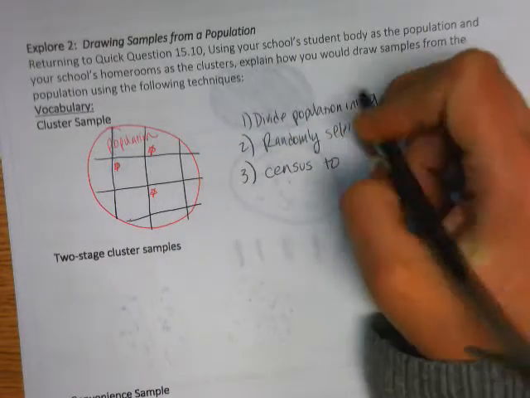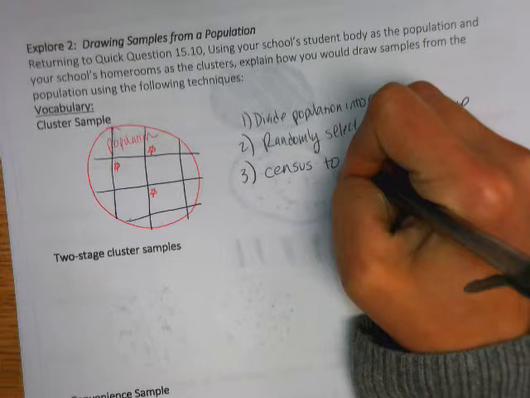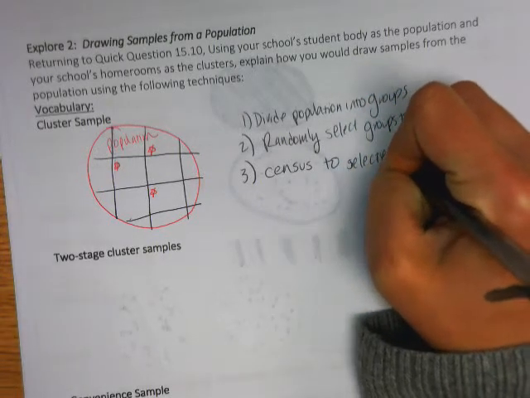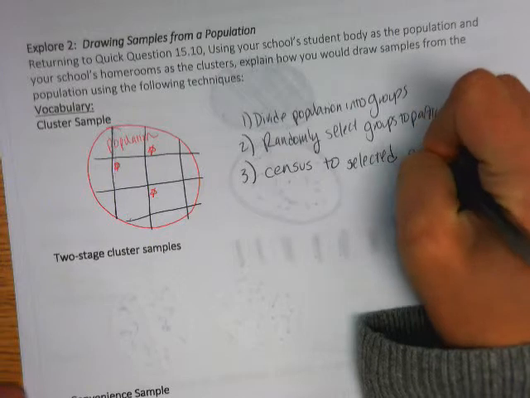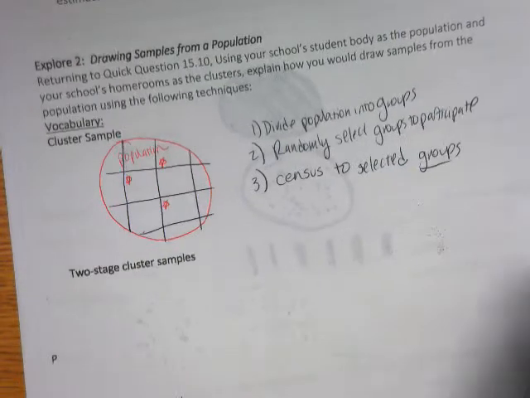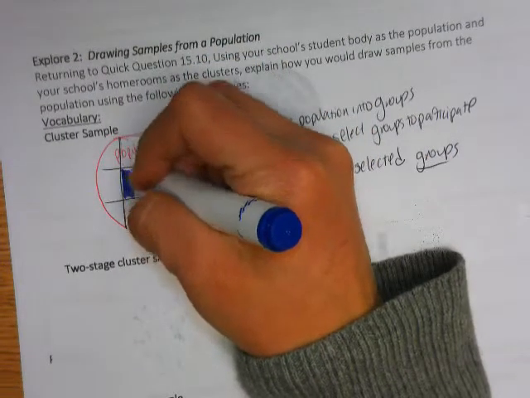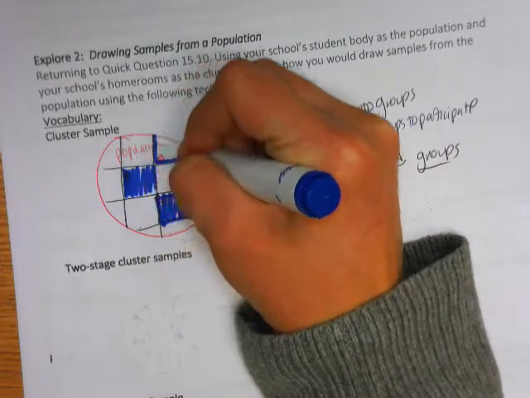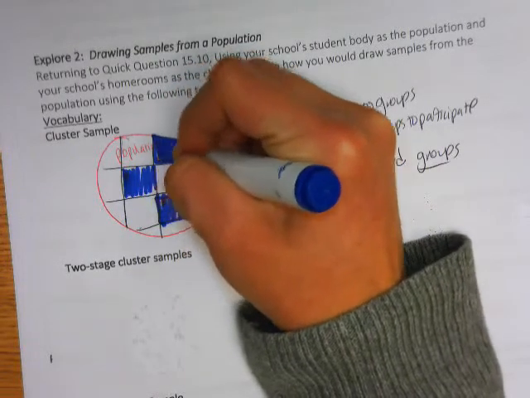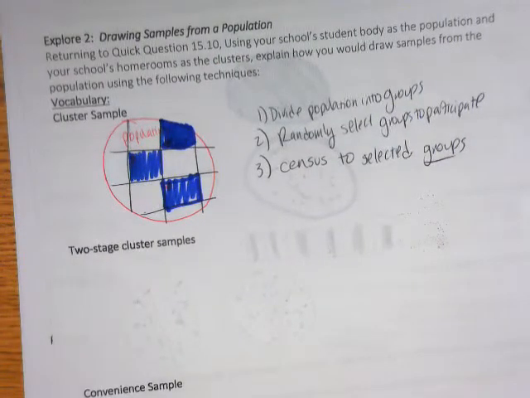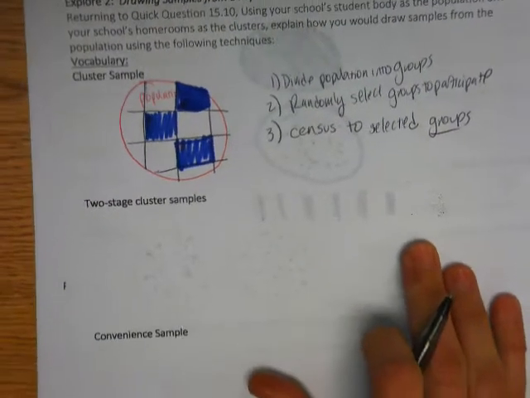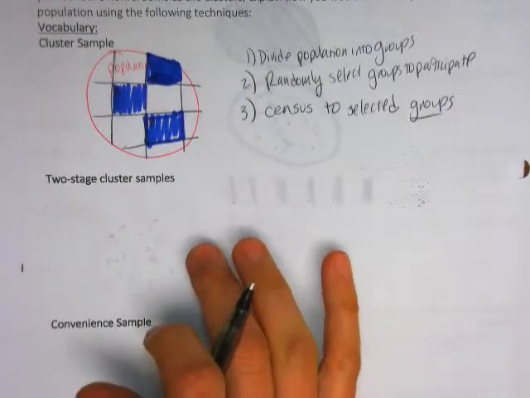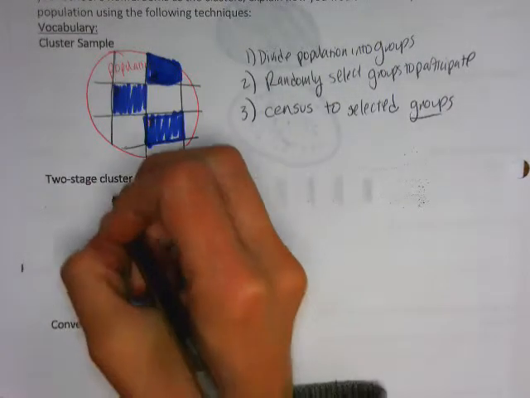And then step 3, census to selected groups. So within these groups, I'm going to give a census to get my participants. So let me fill it all in because I'm surveying every single person in that group. Okay. And that's where your participants come from.